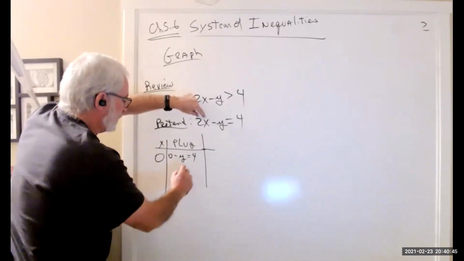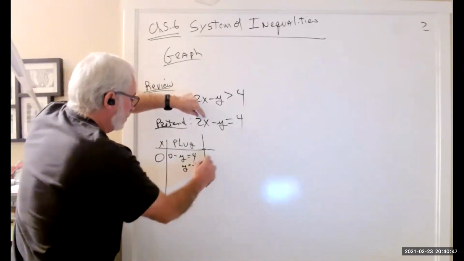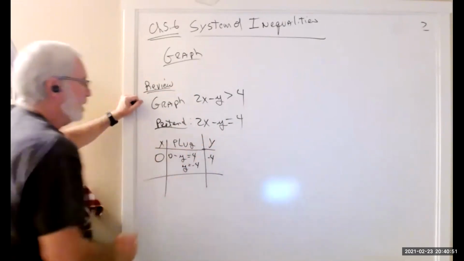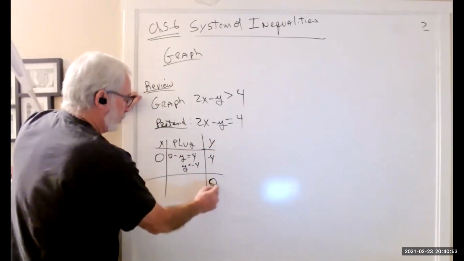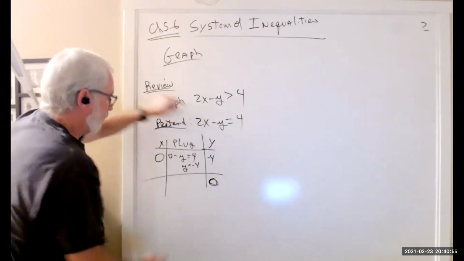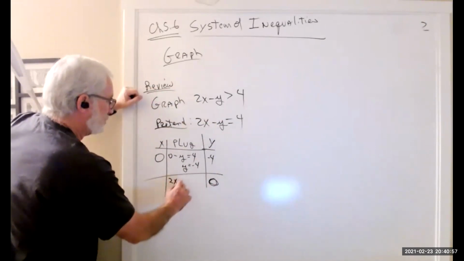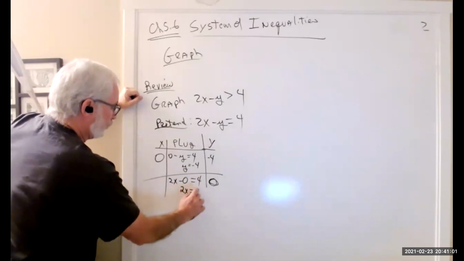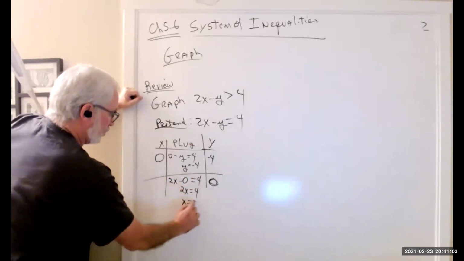Multiply both sides by negative 1, I get y is negative 4. Okay, that's the y value. If y is 0, then I get 2x minus 0 equals 4. That's 2x equals 4. That's x equals 2.